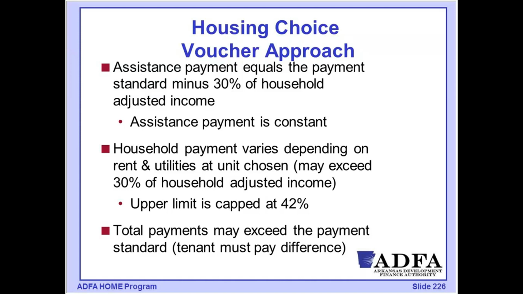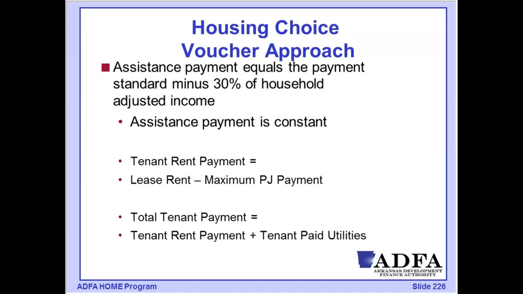We're still going to make the same level of payment, and they're going to be responsible for the difference. This is where the housing choice approach comes in: the household has more control about where they want to live. There may be compelling reasons for that household to choose a slightly more expensive unit, one that might be closer to work or school and fit better with that household's needs.